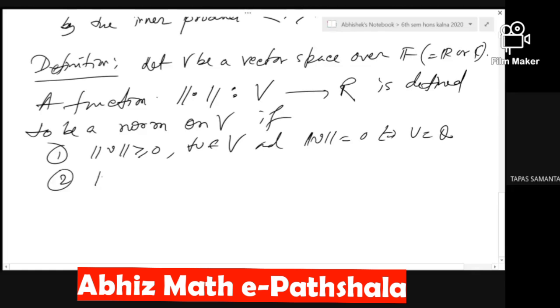Number two, norm of alpha v equals mod alpha times norm v for all scalars alpha belonging to F, for all vectors v belonging to V.